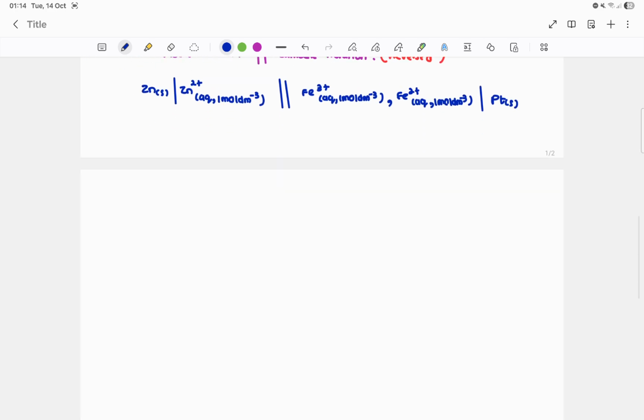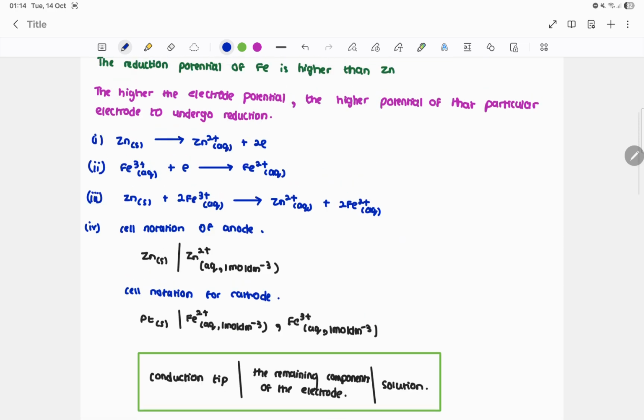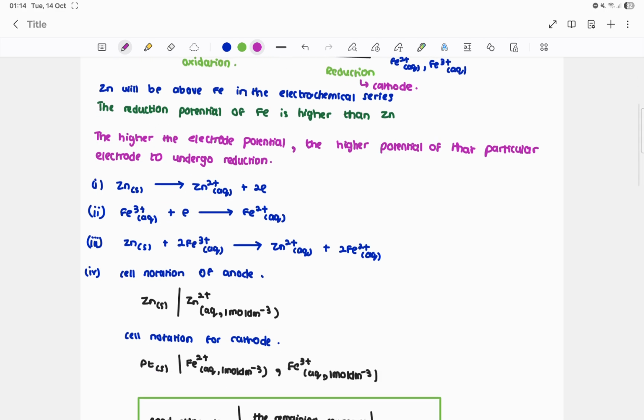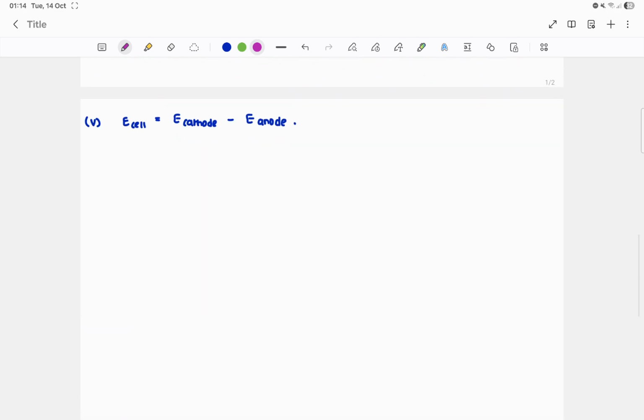Next one, find the electromotive force of the cell. So that is the fifth one. We know E cell is equal to E cathode minus E anode. Now the cathode is where reduction takes place. That's how I want you to learn: reduction always takes place at the cathode.